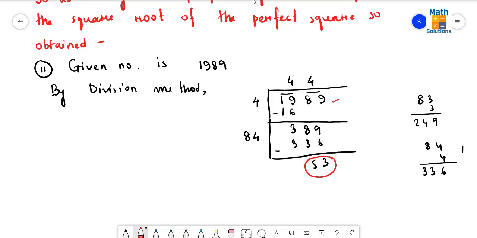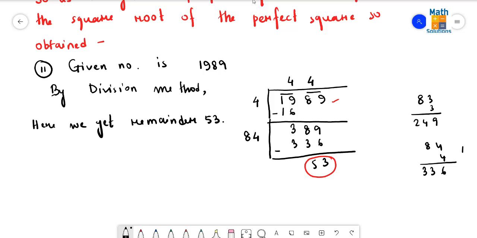So what I have to write here: we get remainder 53.